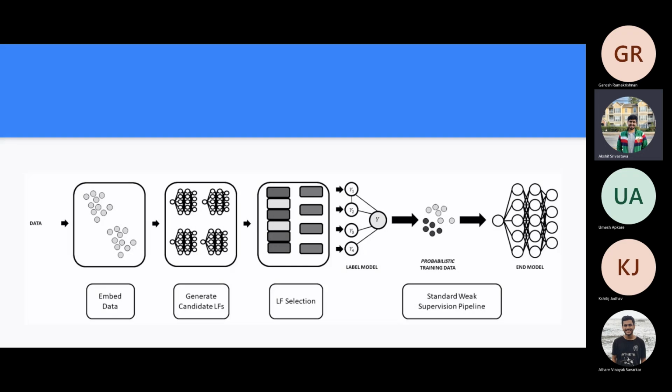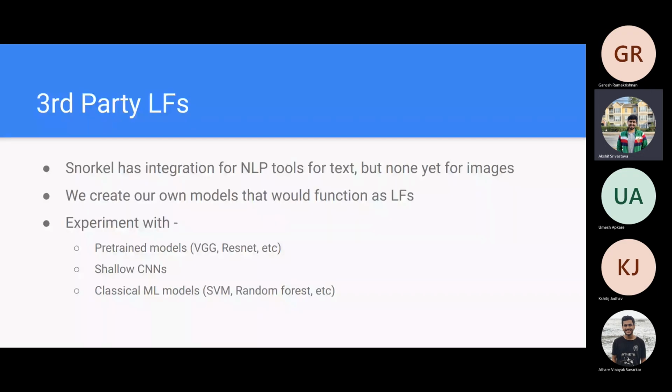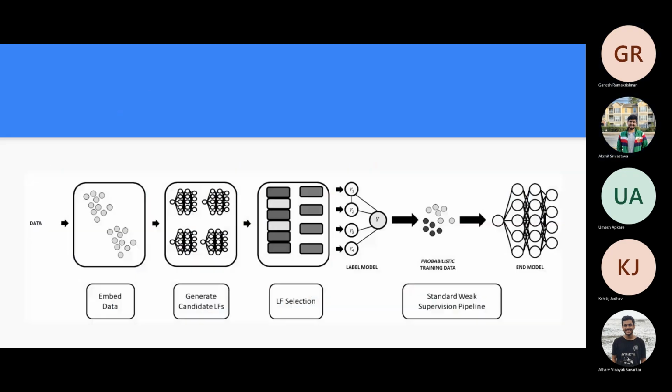But should those labeling functions be pre-trained models, shallow CNNs, or classical ML models? Or should I try and test all of them? I wasn't sure about that. And how many of them should there be? Could it be 5, 7, 10? They're supposed to do segmentation, right? Yes, segmentation.